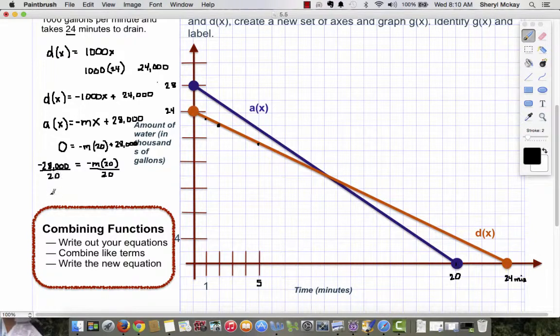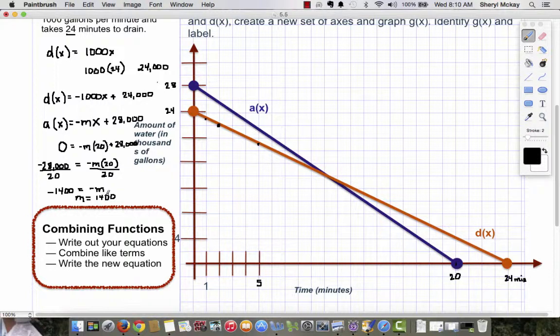And I get negative 1400 equals negative m. So therefore, m equals 1400. So that means that the rate of draining, or this pump drains at 1400 gallons per minute.